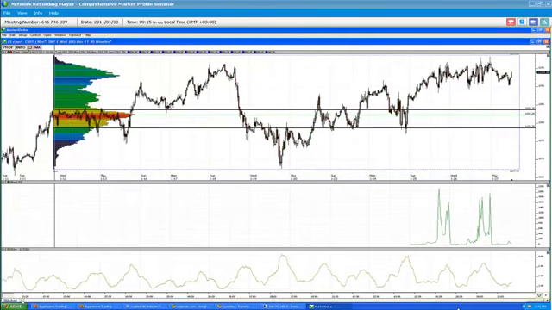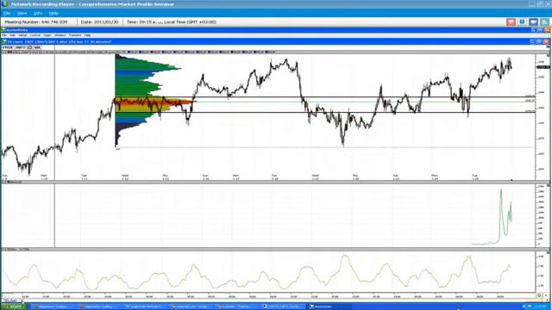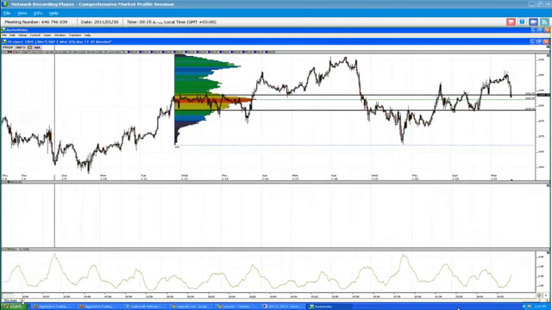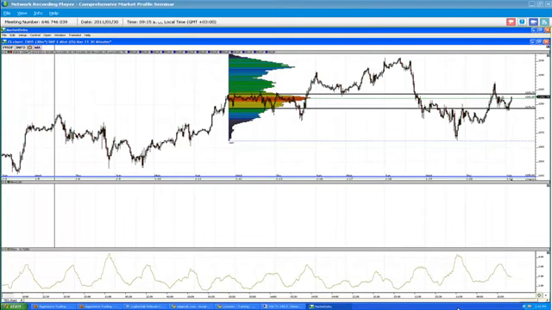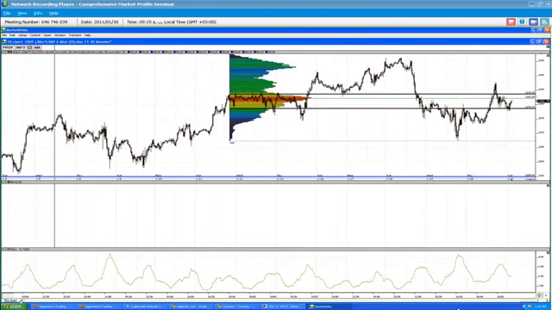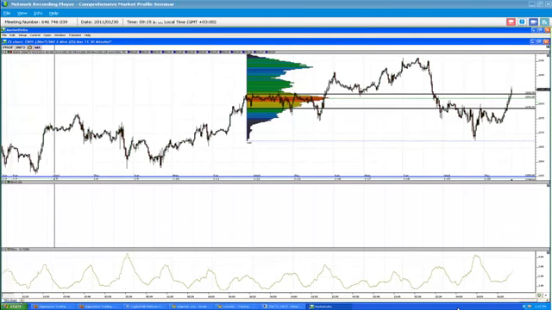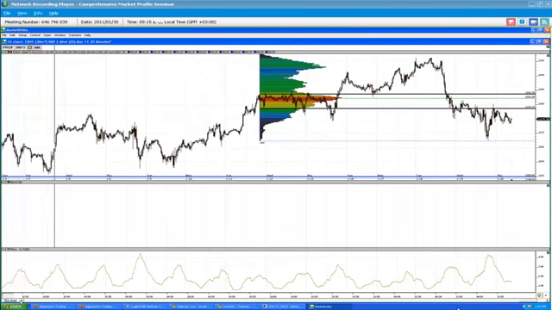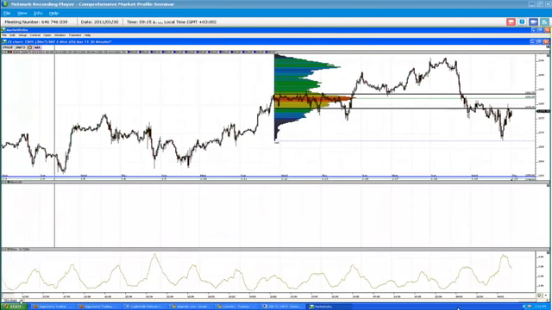Okay, but let's go back in time here to about a week ago, or a week and a half ago. And let's say that we're sort of right here. Okay, so this is where we are, and of course this structure isn't here yet.